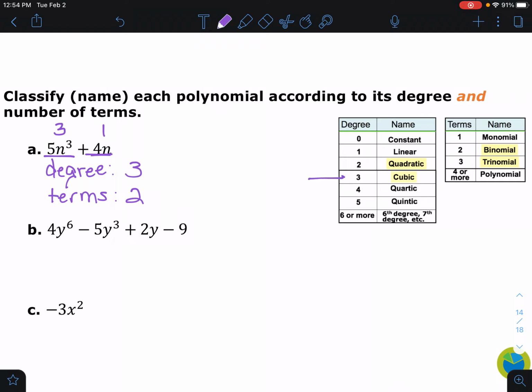So if we look here, the first part of the name then, a degree 3 is cubic. So I'm going to write that, cubic. And then terms, you're going to use the next chart. So 2 terms, and it's binomial. So you're going to say cubic binomial is the name of that first one. That's how that works, okay?